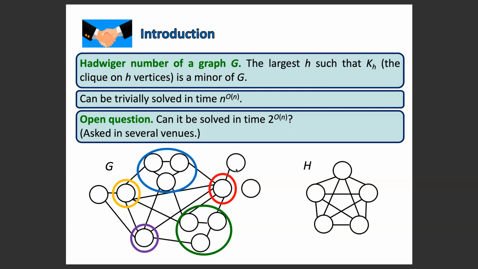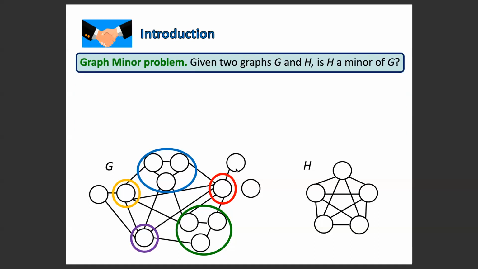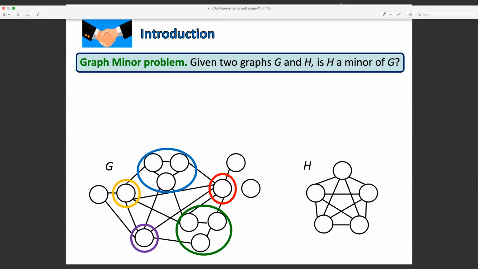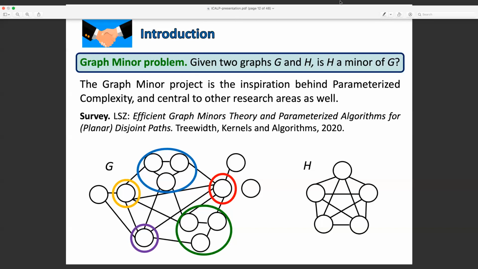Before we go on to discuss this particular open question, let's look at a more general problem, which is called the graph minor problem. Here we have two graphs, G and H, and we ask whether H is a minor of G. The graph minor project is actually the inspiration behind the field of parameterized complexity, and the graph minor problem is central in this project, and also central to other research areas as well.